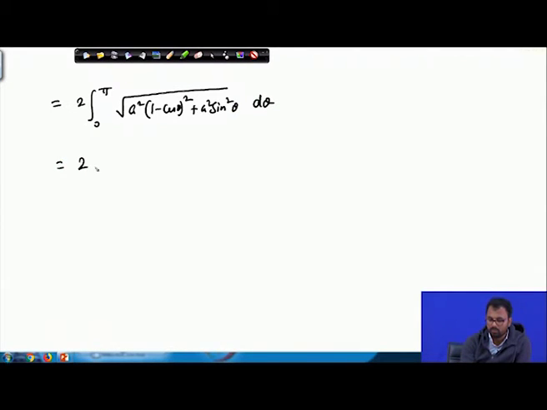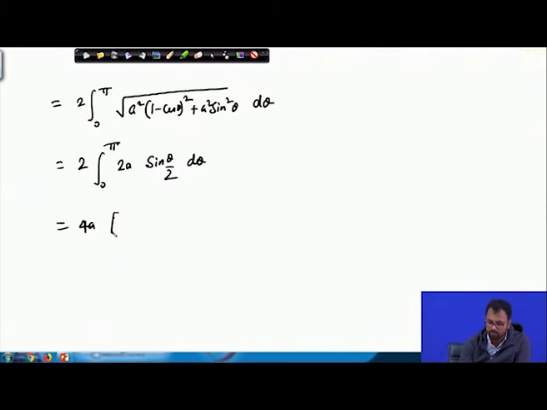From here we will obtain 2a sin theta by 2. This is a very simple trigonometrical calculation which I am leaving up to the students, d theta, and then this one will be 4a sin theta by 2.